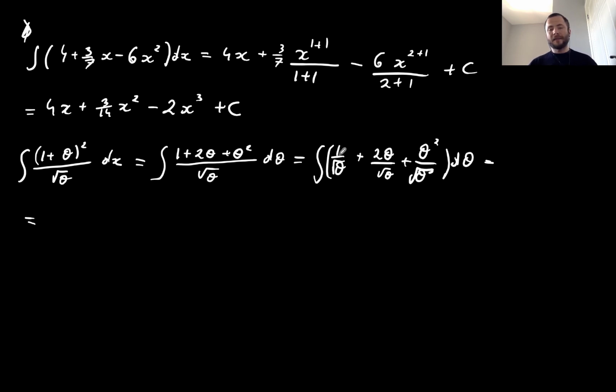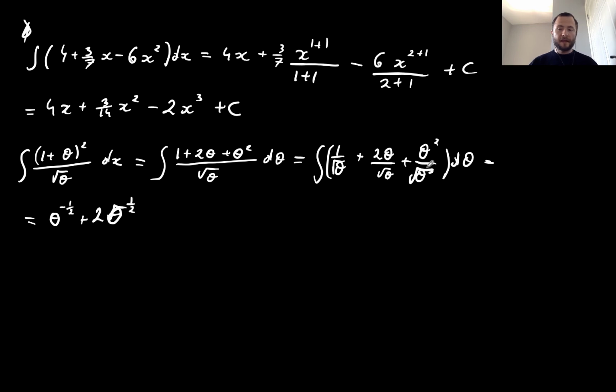I can simplify it a little bit further by writing it all as exponents, as power numbers. So that would be theta to the power of minus half, and then plus 2 theta over root theta, which can be written out as 2 theta to the power of half.